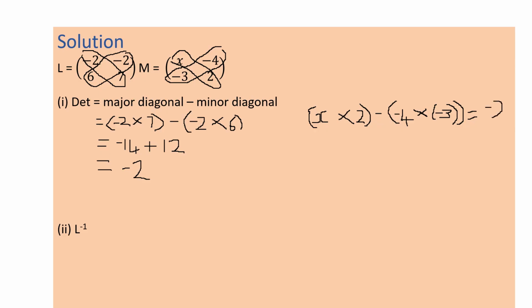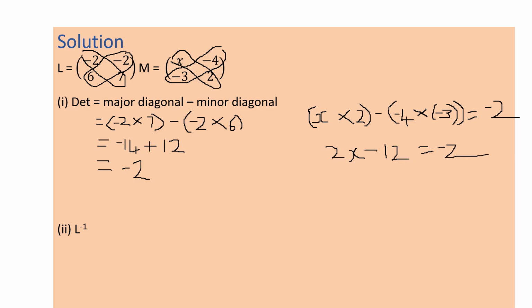So when you multiply the major diagonal minus the minor, it should be equal to the determinant of M, which is -2, since they are equal with L. x multiplied by 2, we are getting 2x. Then -4 multiplied by -3, that is 12. Say minus 12 equal to -2.